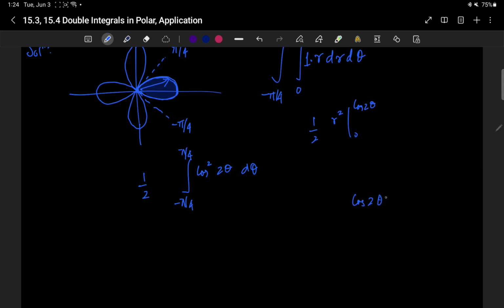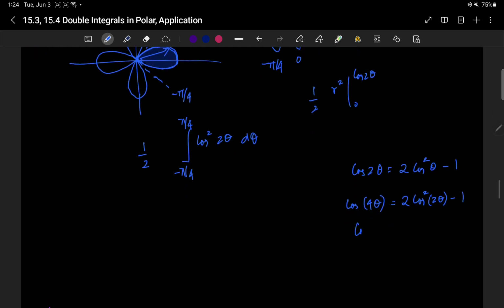Remember, cosine 2 theta has various forms, one of which is 2 cosine squared theta minus 1. But here we are working with cosine squared 2 theta. So if I want cosine squared 2 theta, I will have to replace theta by 2 theta, and then this here will become 4 theta.